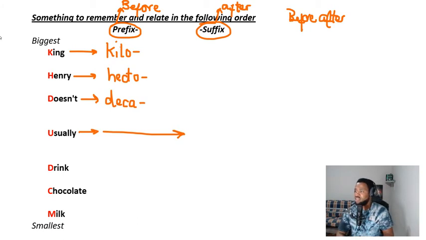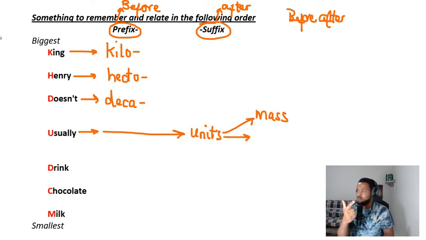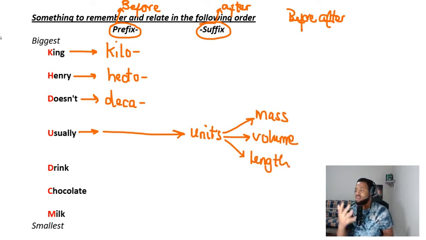The base units in this case consist of the following: first, the mass, what units are used to measure mass; next, the volume, what units are used to measure volume; and finally, the length of an object, what units are used to represent the length of an object. And so we're going to talk about the units of these 3 base units in focus very soon.